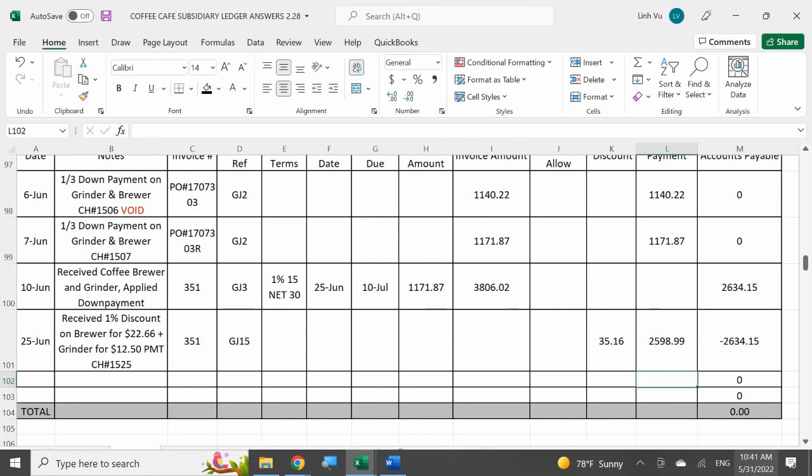Okay? And that's exactly what I want to see in the subsidiary ledger, is when I put in these numbers in here and the calculations that I put, the formulas that I put, at the end of the day, they all need to make sense. In this case, right, I applied the discount and I applied the check that I wrote out for the remaining amount, which gave me a negative amount, which gave me in a result overall that I owe Haley Brothers nothing.